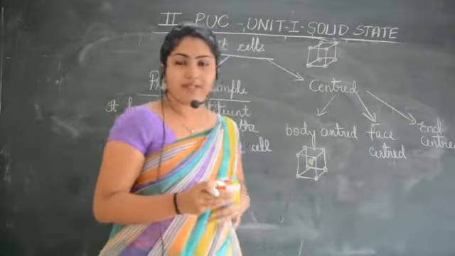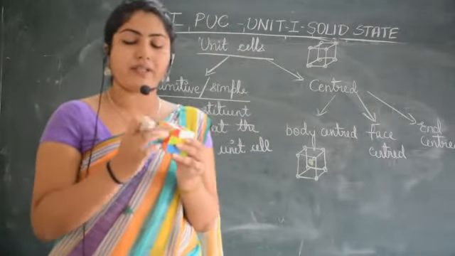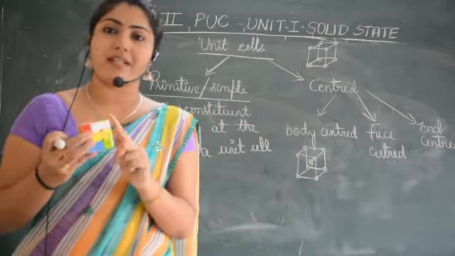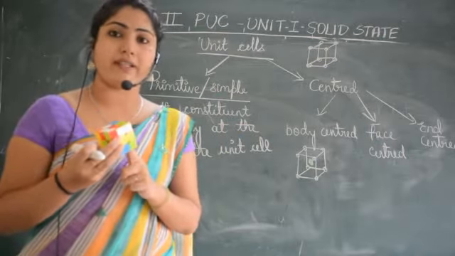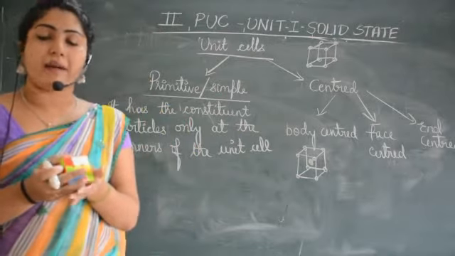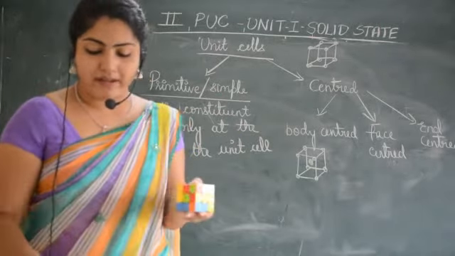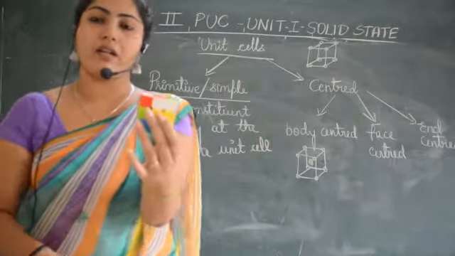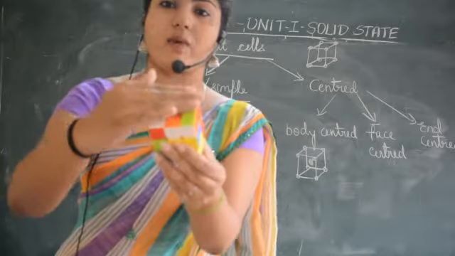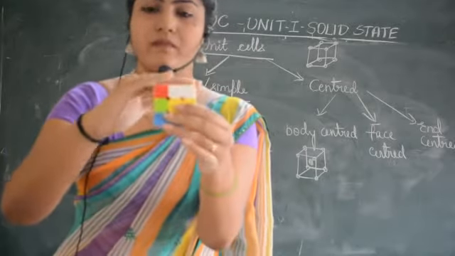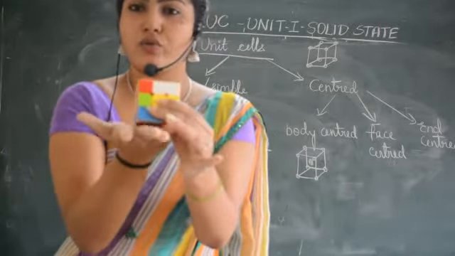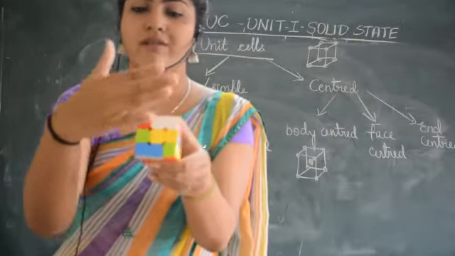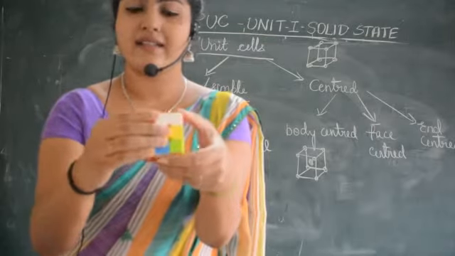Face centered unit cell means, along with the 8 corners, where constituent particles are present, the particles are also present at each face. Faces means, these are the faces. If this is a unit cell, this is one face, 2, 3, 4, 5 and 6.